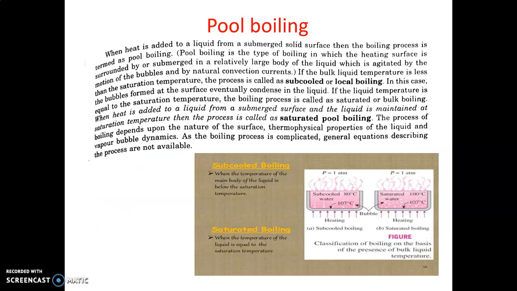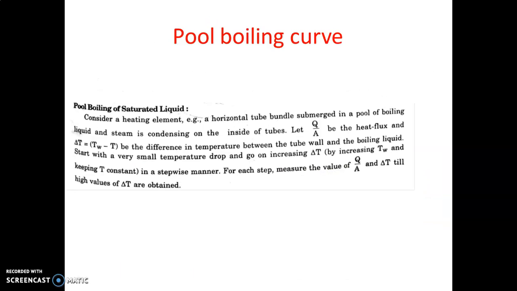In the last lecture we already started on how to plot the pool boiling curve. You take a horizontal tube bundle submerged in a pool of liquid, and measure Q by A, that means heat flux, and delta T, that is TW minus TS, wall temperature minus boiling point or saturation temperature.